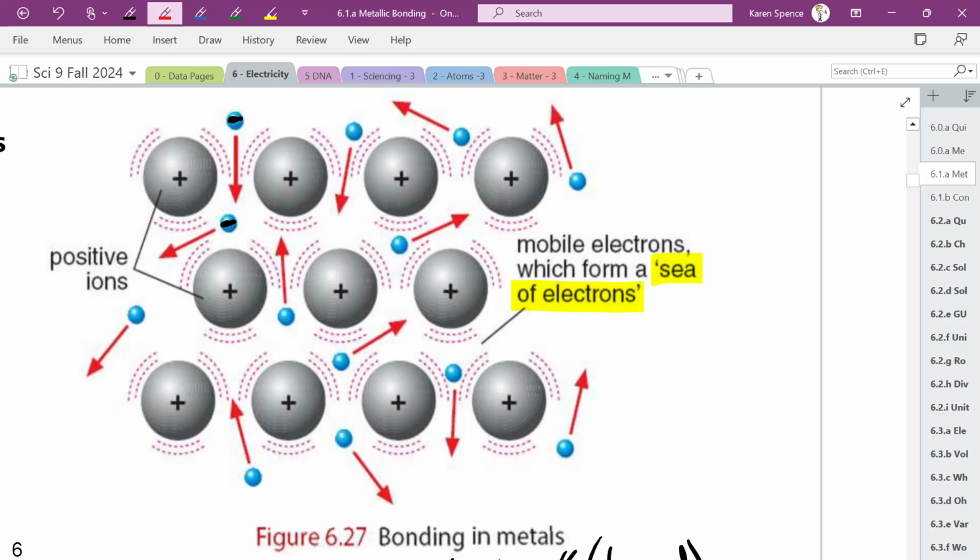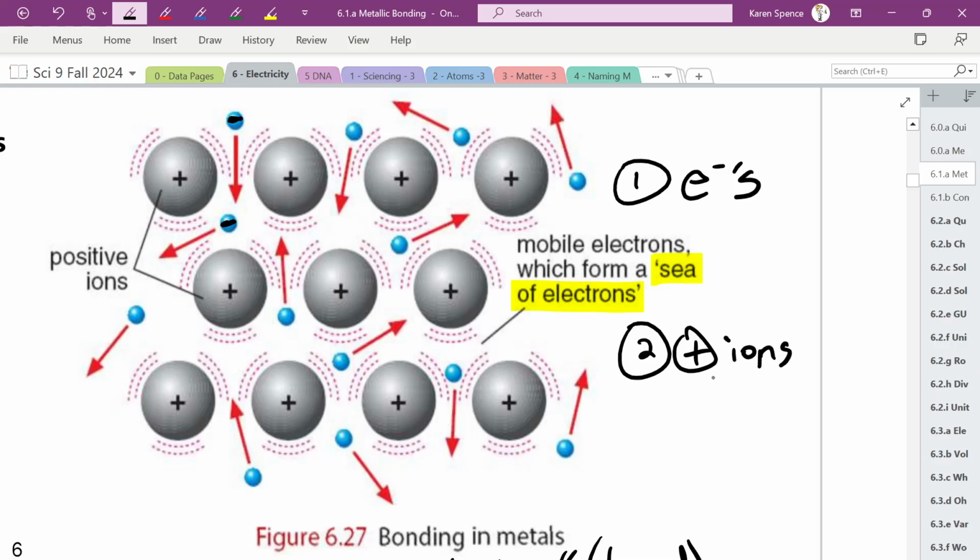What are the 2 things we have in the metal? We have electrons and what else do we have? We have cations. Positive ions, cations.